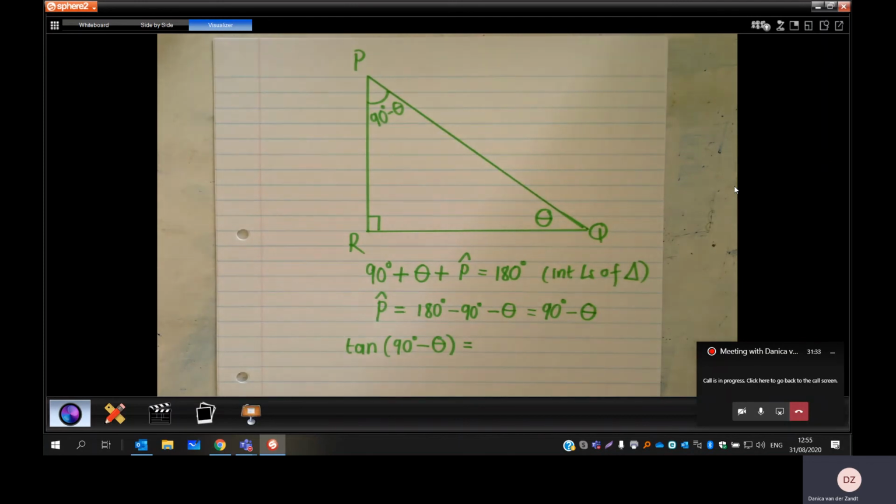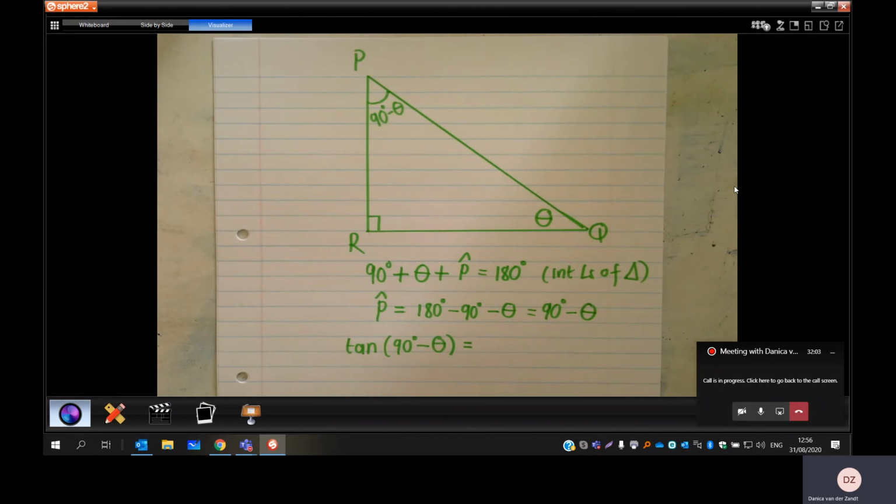If theta is on the diagram, you can use theta. If it's not on the diagram, then you can use Q. So I've given you theta, so you know where it is, and therefore I've written it down now, but if I hadn't written it down, you need to know that the other one would be 90 minus theta, or beta, or alpha, or whatever letter I give you.